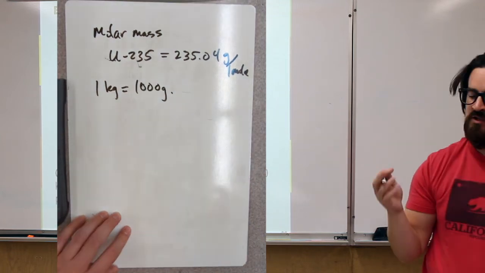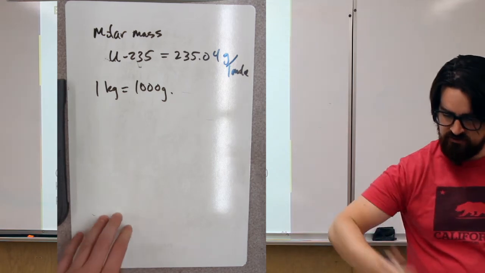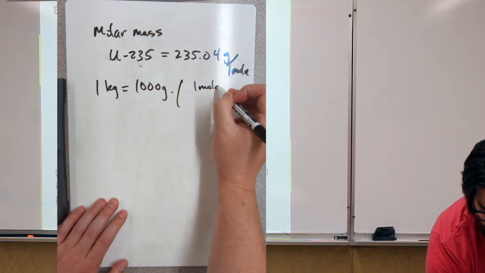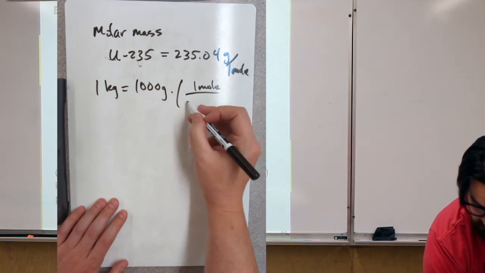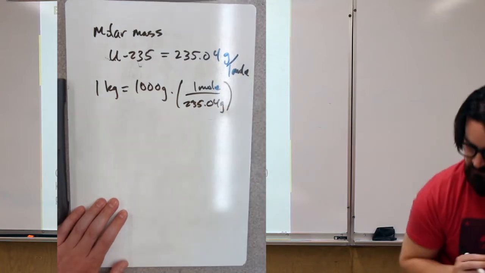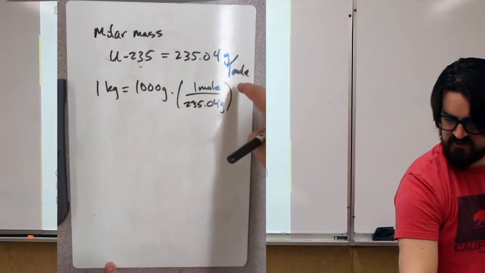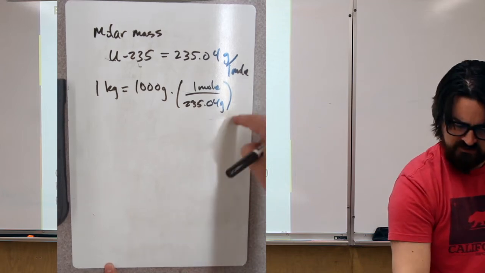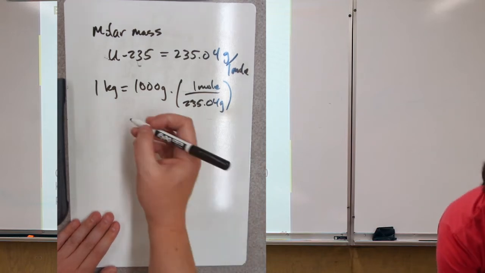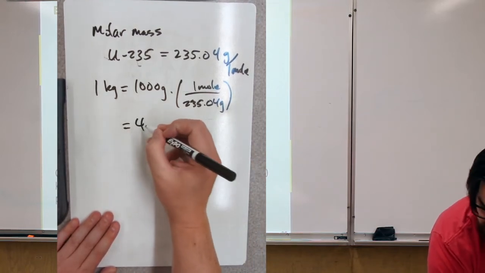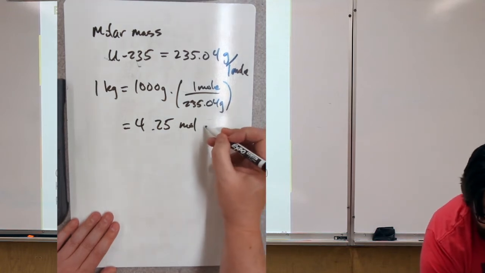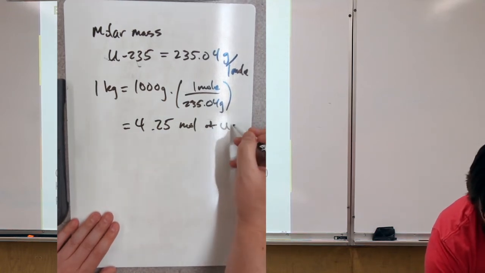We can convert that to moles of uranium-235 via this conversion factor. 1 mole is 235.04 grams. The book actually, I think, has this conversion factor flipped. They get the right answer, but they wrote that backwards. Anyway, that's 4.25 moles of that uranium-235.